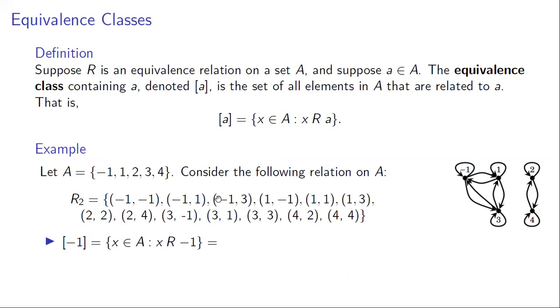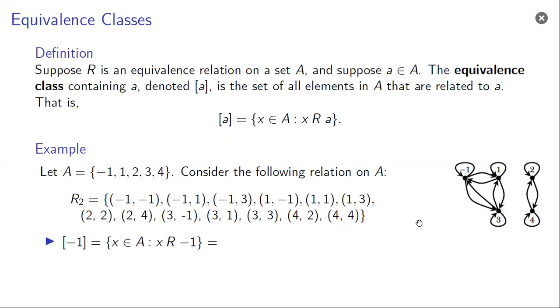Let's look at 3, -1. We have 3 is related to -1. We have 1 is related to -1. We also have -1 is related to -1.